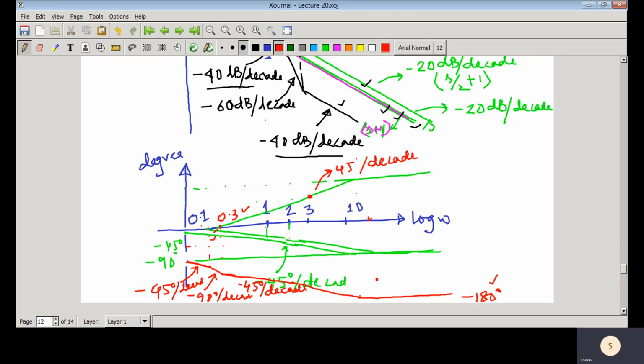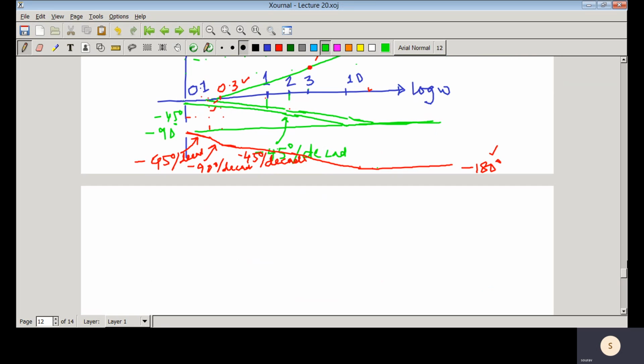From this plot, you can do it very clearly, because it starts from 0.1 to 10. Then the second one comes to 10 point 1, so it ends at 11. And then the third one, 0.3, ends at 13. So accordingly you can find what would be the slope, and finally at what point it comes to minus 180 degree. It can be done easily.